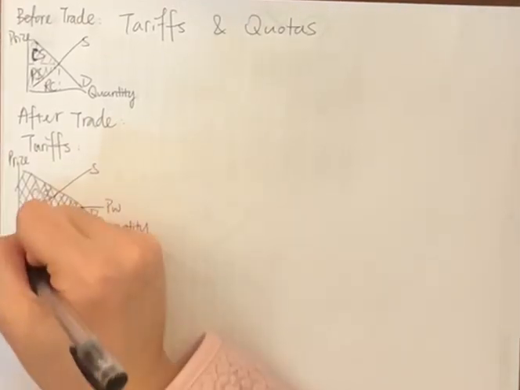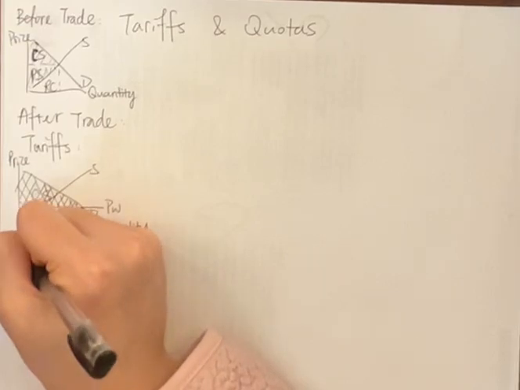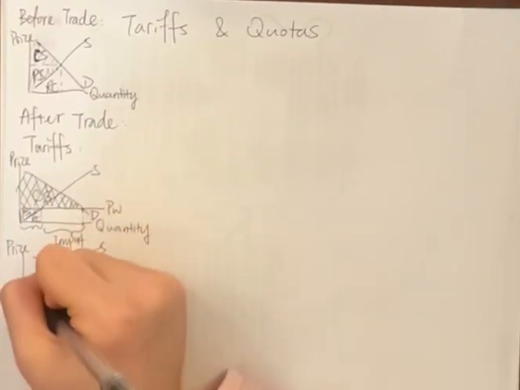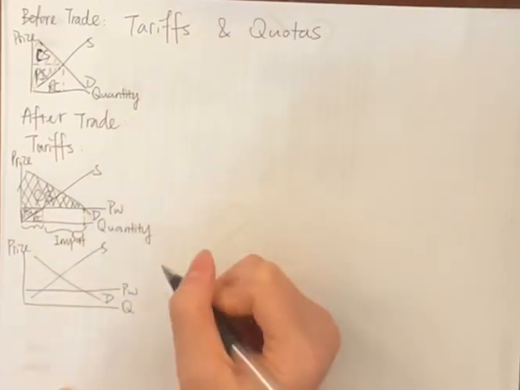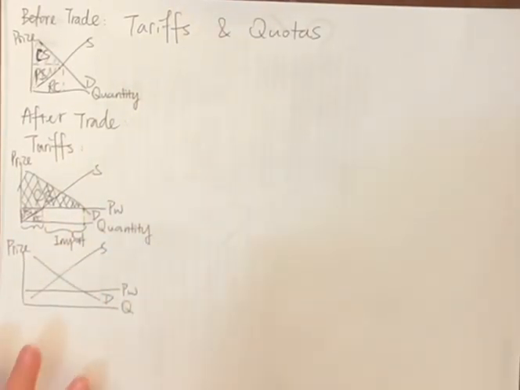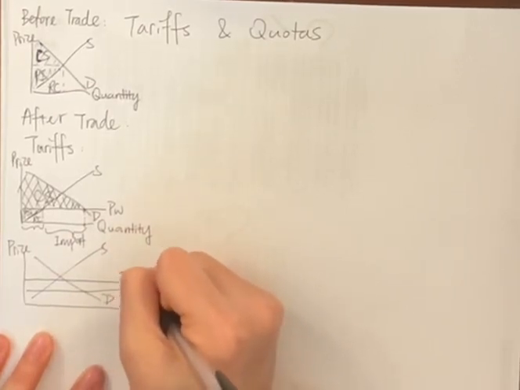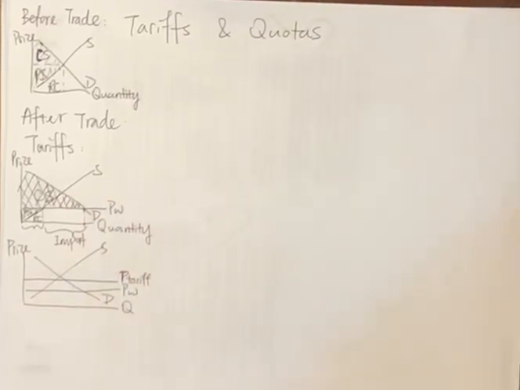Well, what they have to do is the same thing in here. So this is the world price, and after they set a tariff on it. For example, they set a tariff right here. So this is the tariff, and you can see the tariff price is definitely higher than the world price.